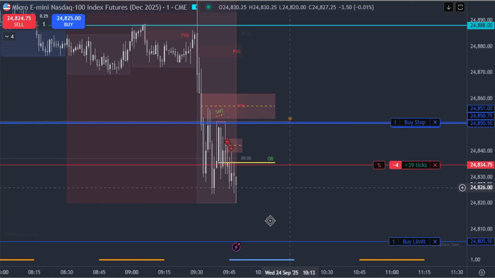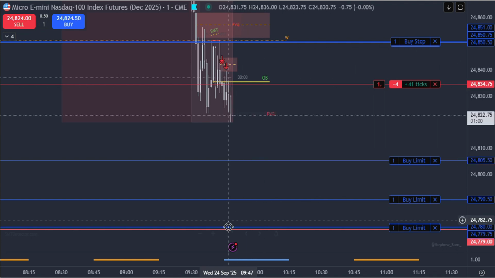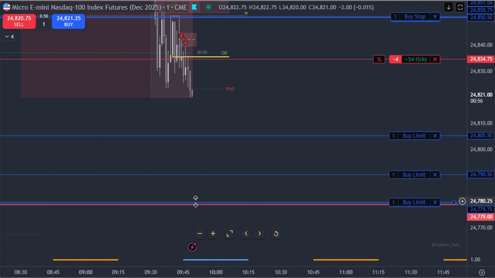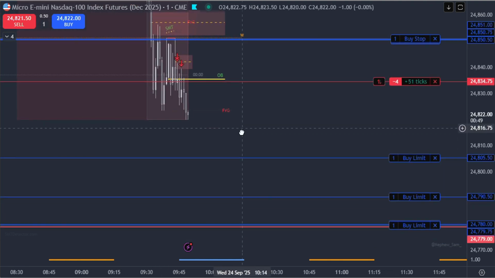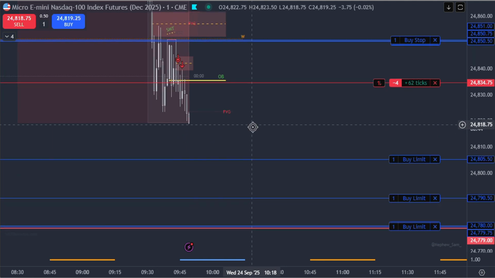So I'm expecting this macro to continue expanding all the way until it hits its opposing liquidity. Once it targets its liquidity, it can come and rebalance again if it needs to. But right now, I'm expecting for this to keep dumping.